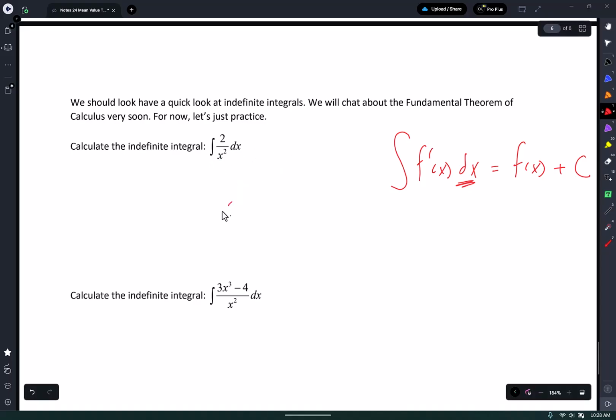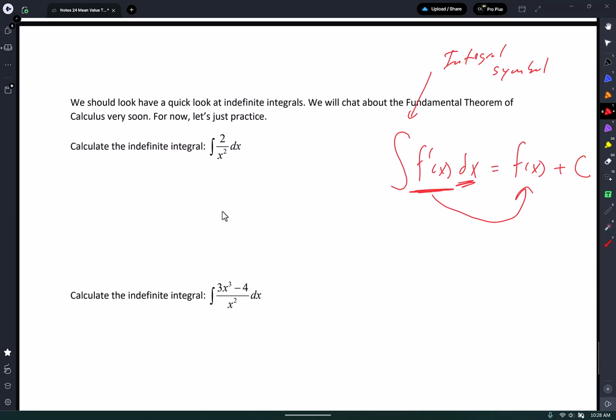It's just a definition for now. We are going to do the proof of why this is. This is called an integrand, and this is the integral symbol. Look at f prime, and then look at what it spits out, f of x. It's doing the antiderivative. Does that make sense?